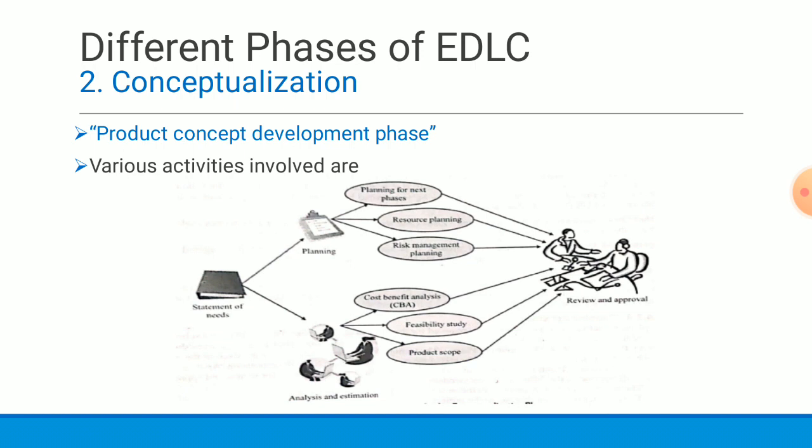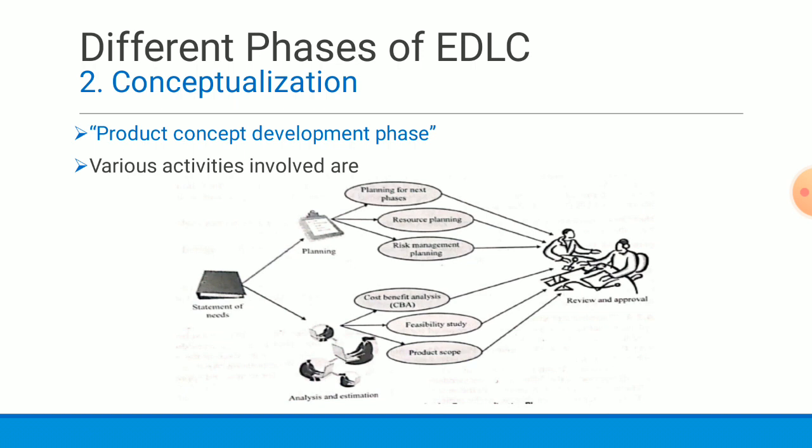The second one is resource planning, which means how many resources should work on the project. The third one is risk management planning: the technical and other kinds of risk involved in the work, and the mitigation plans, are covered in risk management plans. So these three things come under planning activities.